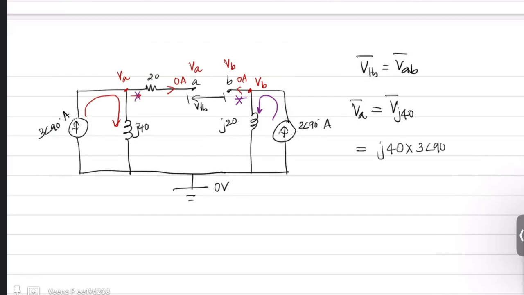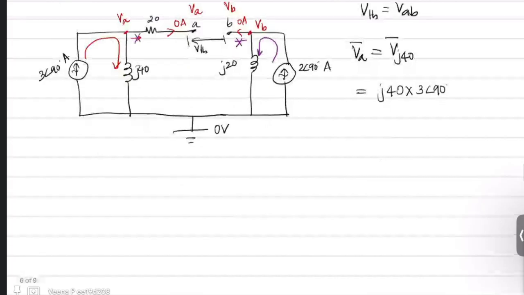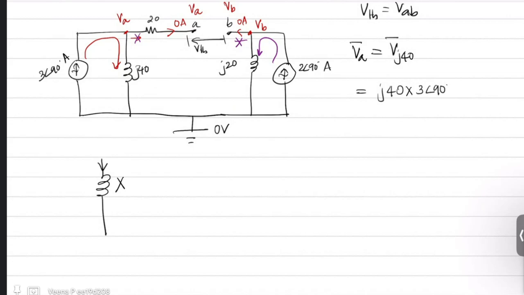Make sure the polarity is satisfying the polarity you chose, because for an inductor with a reactance X, if the current is flowing from top to bottom, the voltage will be higher at that point. That means if this is your IL, this VL is nothing but your IL times JXL.